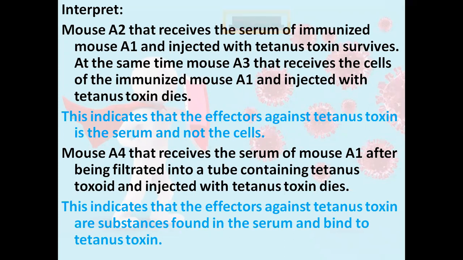However, mouse A4 that received the serum of mouse A1 after being filtrated into a tube containing tetanus toxoid and then injected with tetanus toxin, it dies, meaning that the effectors against tetanus are substances found inside the serum and they are bound to tetanus toxin. That's why these substances are gone and that's why it dies.